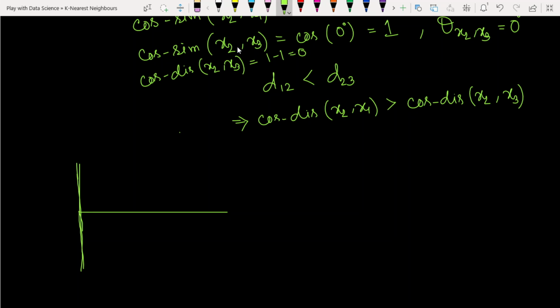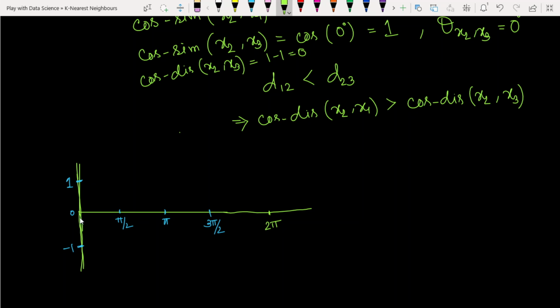Let's take this as 1, this as 0, here it is pi by 2, here it is pi, here 3 pi by 2. Just extend the line. Suppose this is 2 pi.